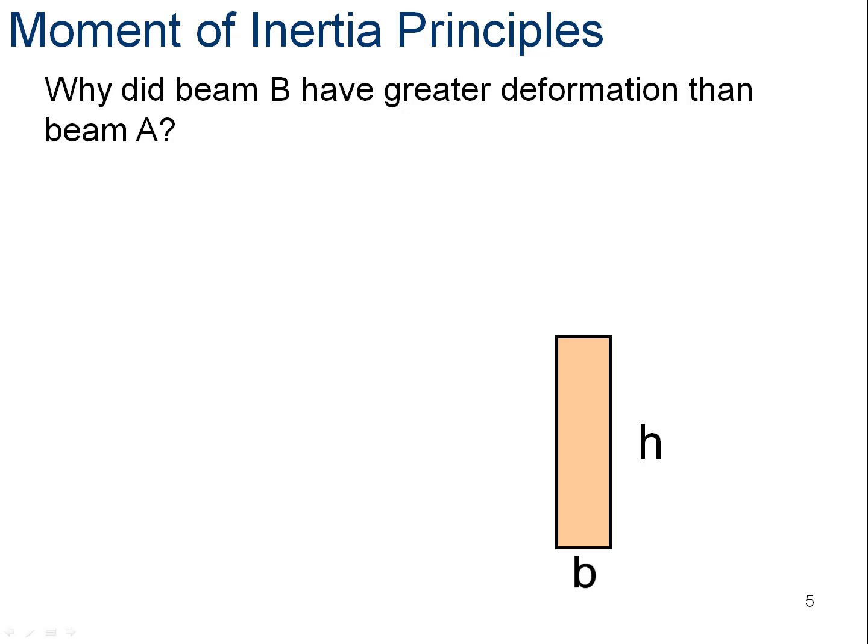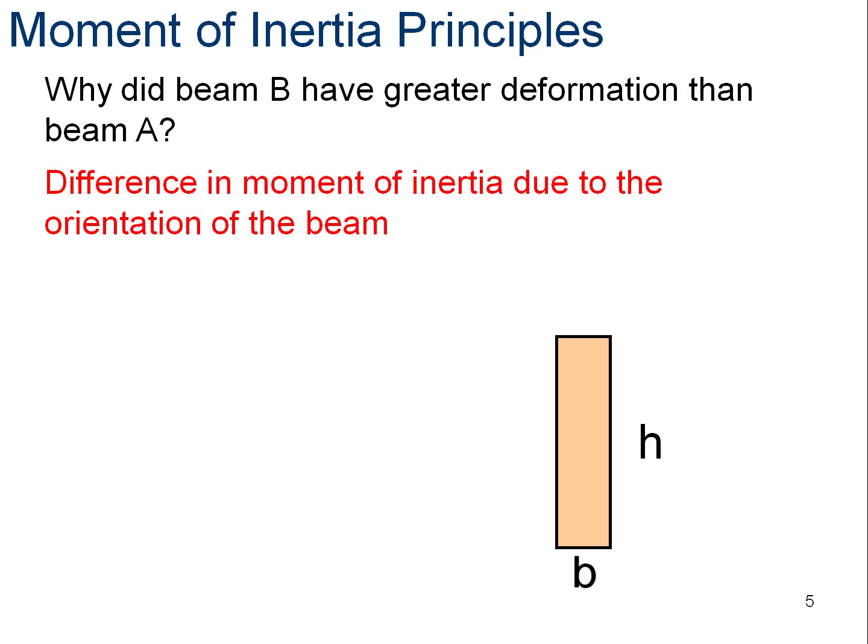So my force was coming down from the top of the screen, and in this instance, the height is that dimension opposing the force, or going vertically. Now these two beams have a difference in the moment of inertia because of the way they were oriented. So beam A, you'll remember, was stood up, so the height was pretty tall relative to the rest of the beam.